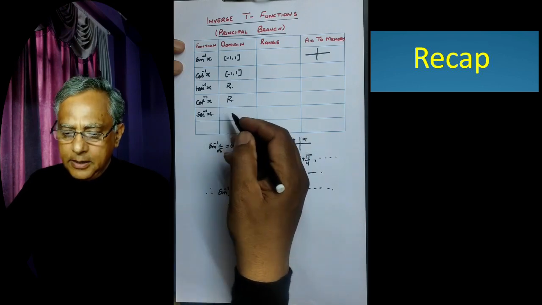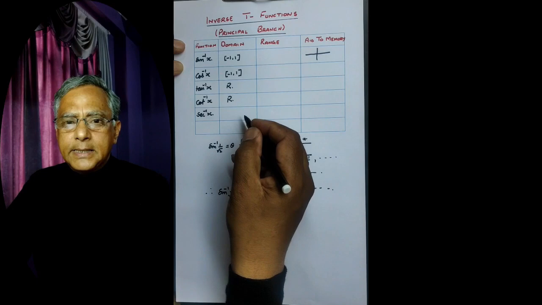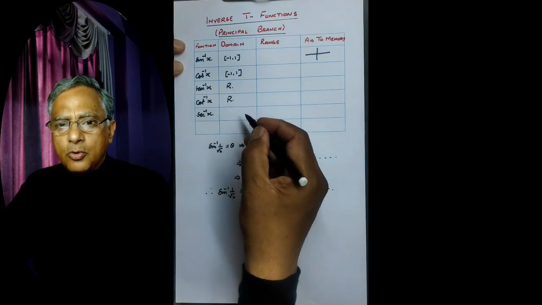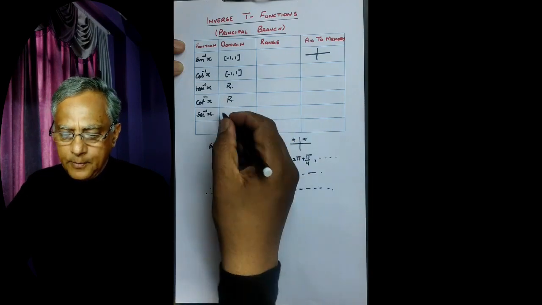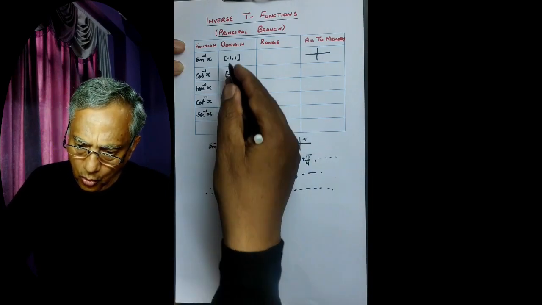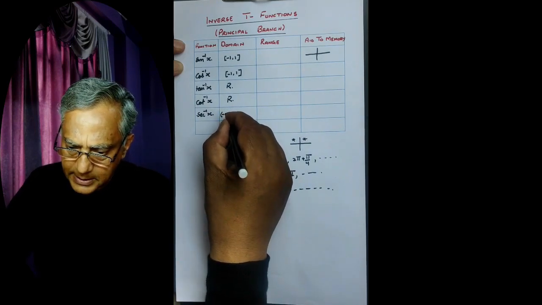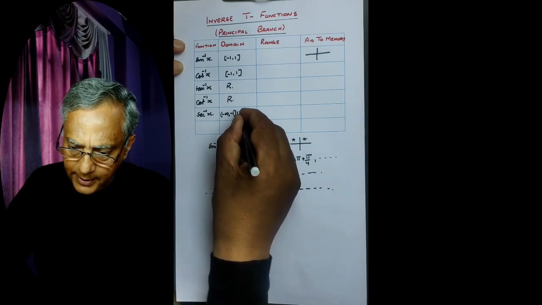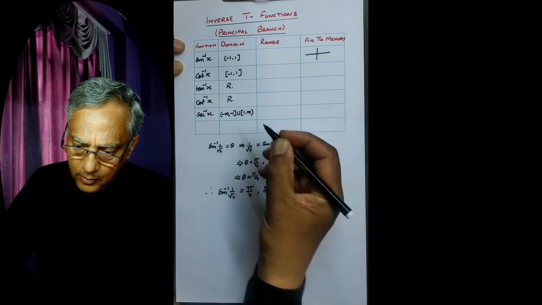The mod of cos theta is less than or equal to 1, so its reciprocal, secant, has mod greater than or equal to 1. So the range of secant theta is minus infinity to minus 1 union 1 to infinity.